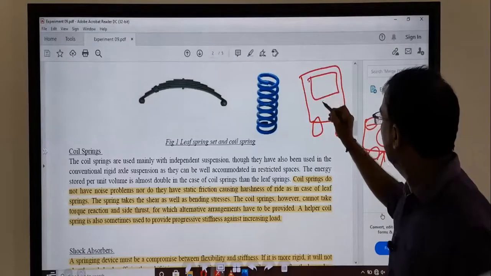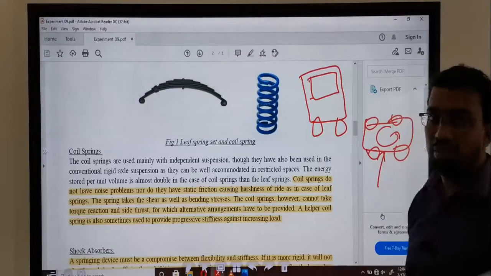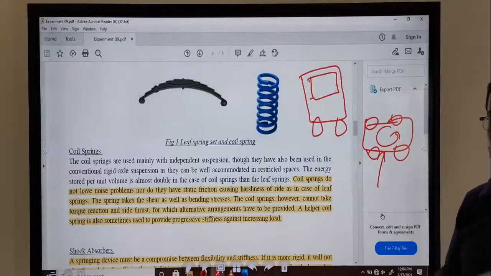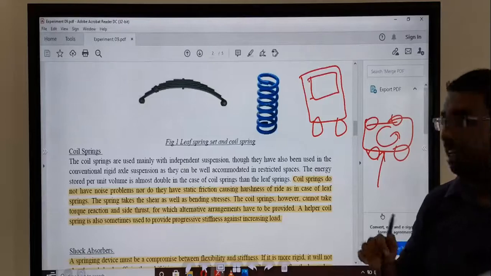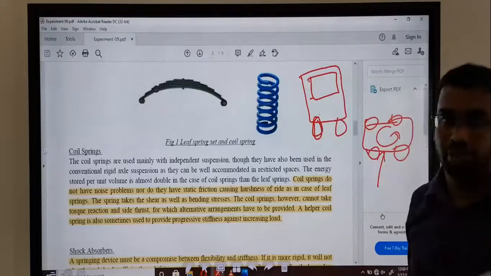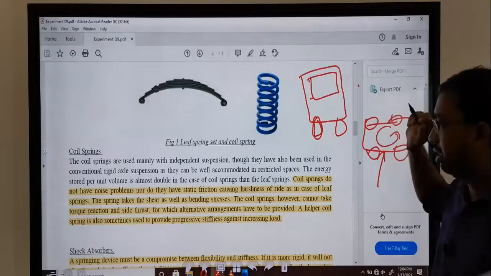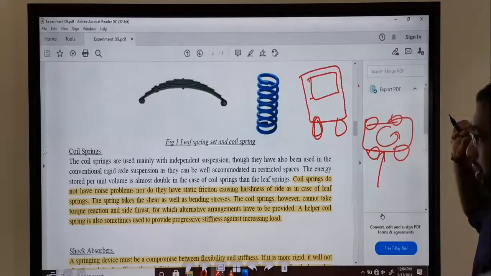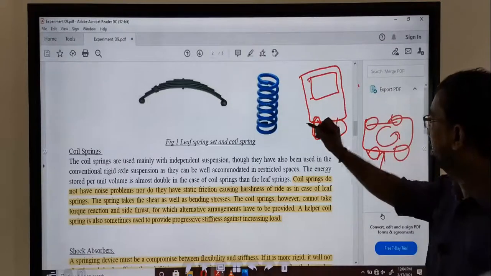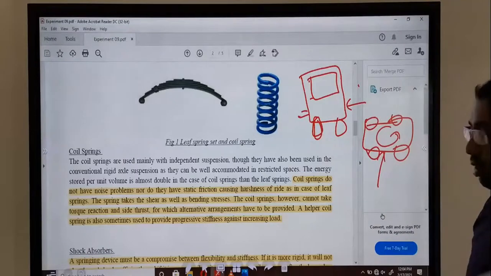But it can move very balanced, very stabilized, though the body leans like this because of the crowd. That is this kind of side thrust.